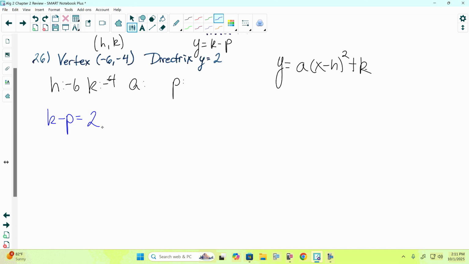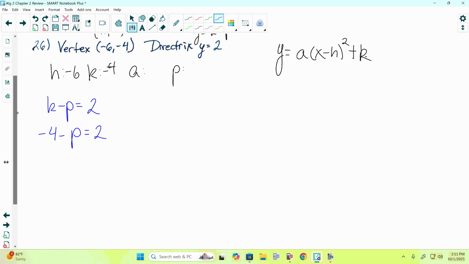I know that k minus p should be 2. So we have that -4 minus p is 2.